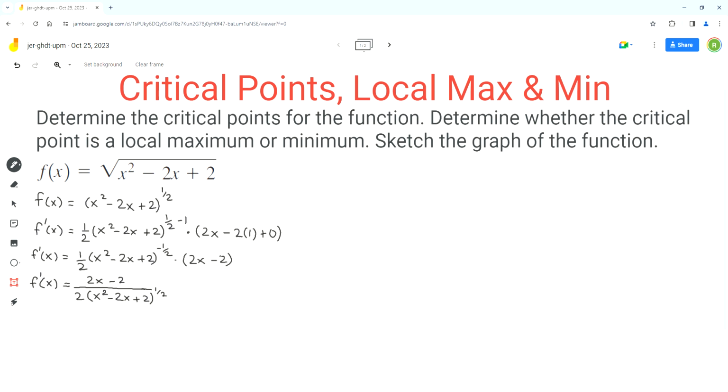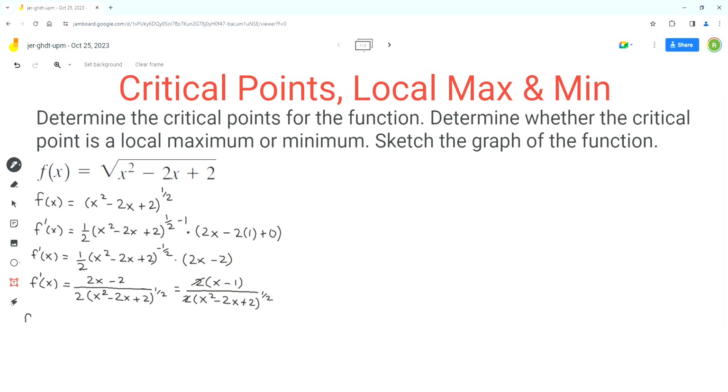Now we can simplify this expression by factoring out 2 from the numerator. So we get 2 parentheses x minus 1 over 2 parentheses, now we can cancel out the 2's in the numerator and the denominator.